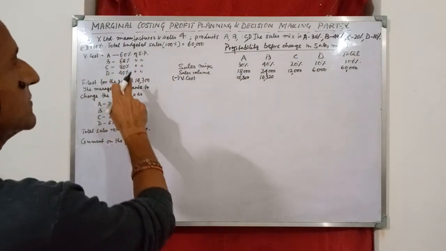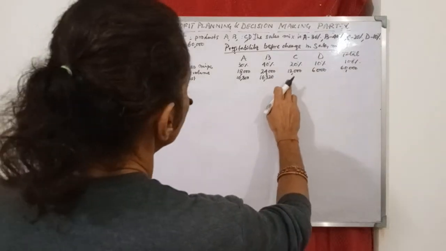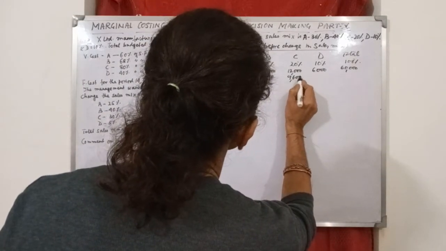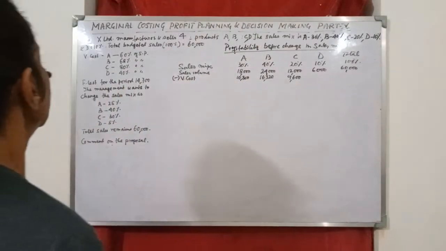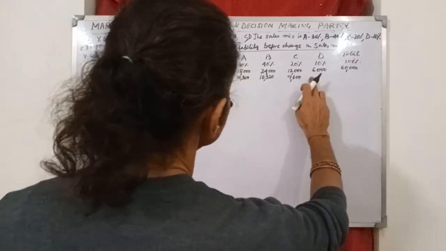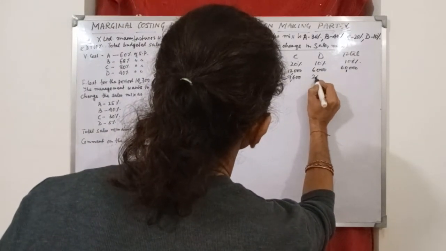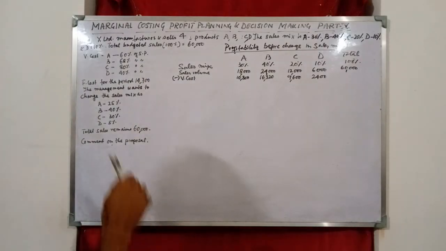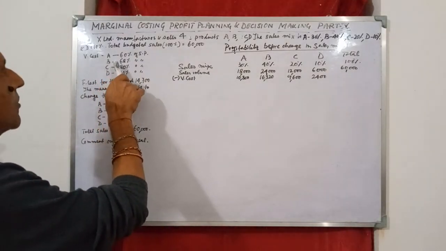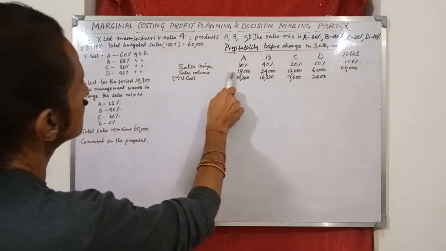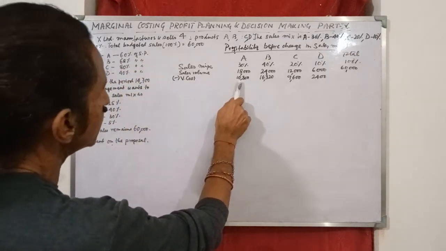For C it is 80% of 12,000, that is 9,600. And for D it is 40% of 6,000, that is 2,400. Correct?